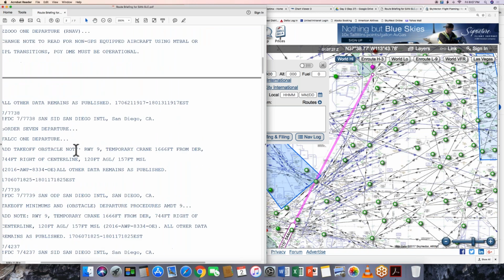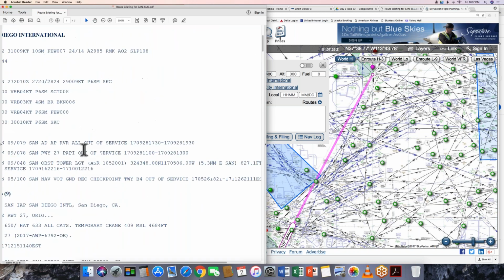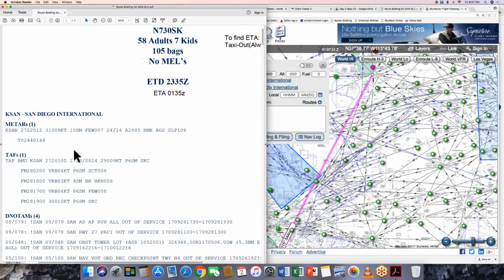So think about it this way, guys. In the first 10 minutes of starting our flight plan, we've already determined whether or not we're legal to go and whether or not we need an alternate. Those are the first things that we always want to figure out with our flight plan. If it's not legal to go, is it worth doing anything else on the flight plan?